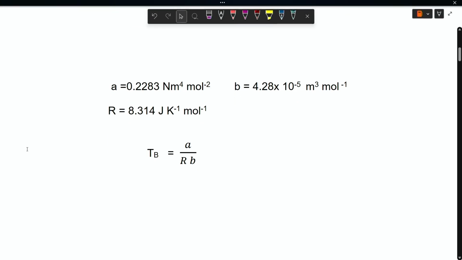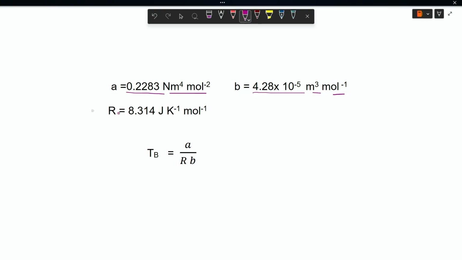Now, these are the data. The unit of A is Newton meter raised to 4 mole inverse, and both these are in SI units.